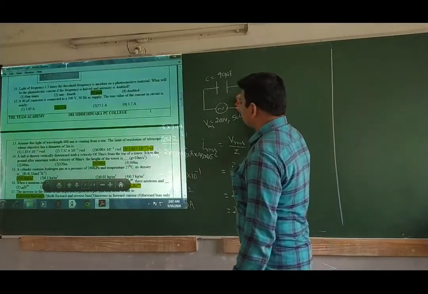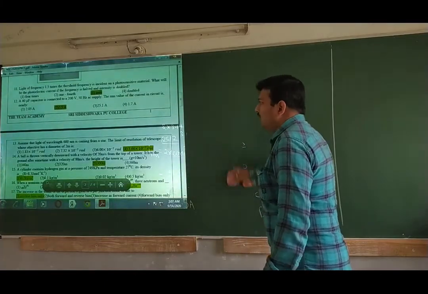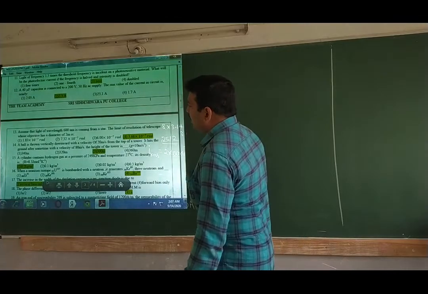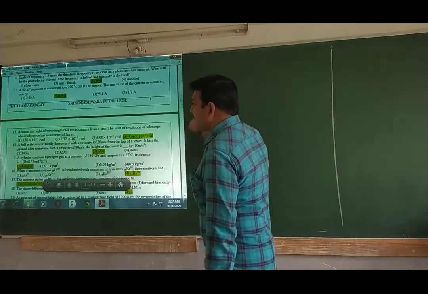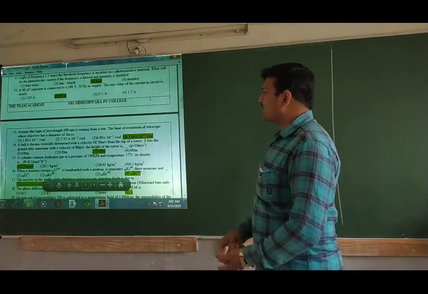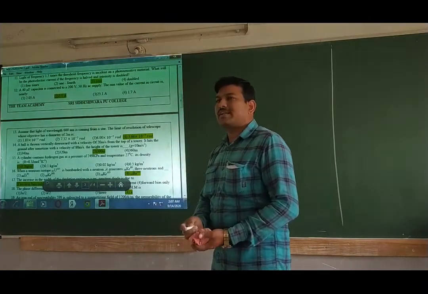Next, look at the next question, question number 13. Assume that light of wavelength 600 nanometer is coming from a star. The limit of resolution of a telescope whose objective has a diameter of 2 meter is.